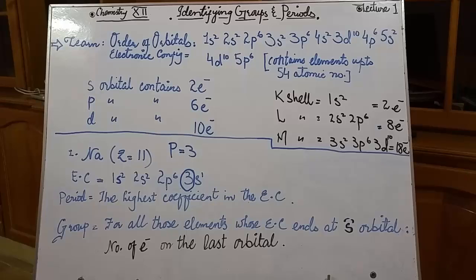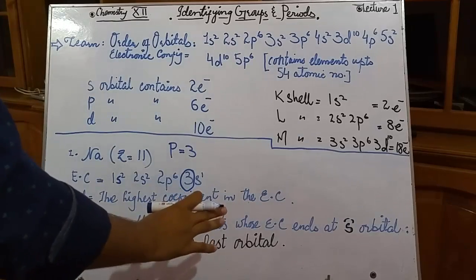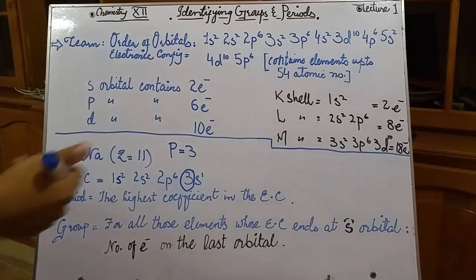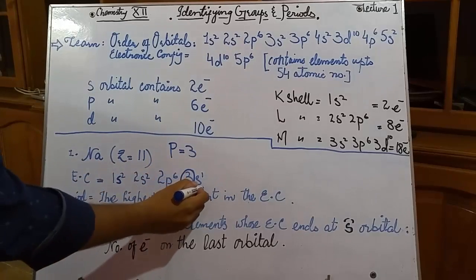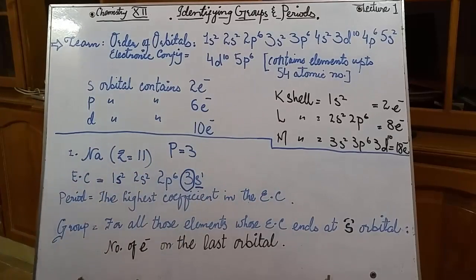Now we are going to jump to group. There is a complexity in determining and predicting groups, so we have to understand it step by step, taking the s orbital into account, then p, then d. First of all, those elements whose electronic configuration ends at the s orbital, like the example of sodium. Here our electronic configuration ends at the s orbital.